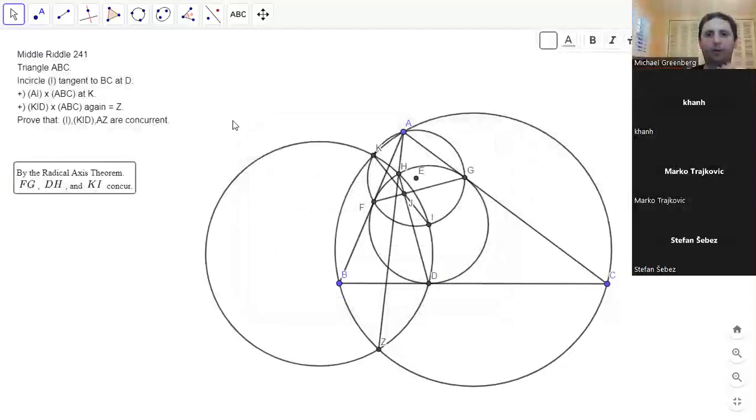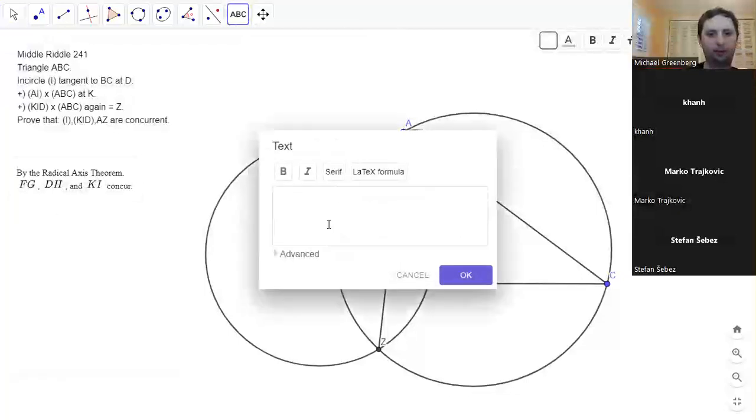By a well-known theorem, AH meets ABC at the mixtilinear touch point.